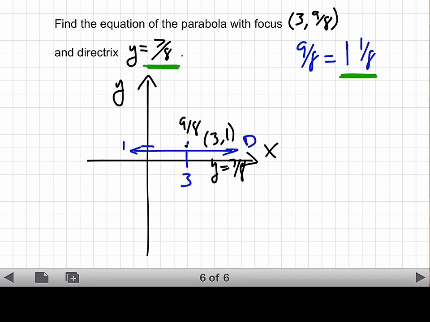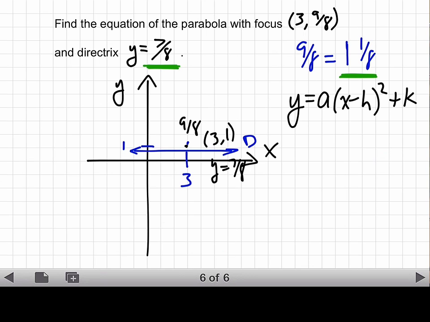Recalling the equations we saw earlier for parabolas, one of them was y equals a times the quantity x minus h squared plus k. I'm choosing this one because clearly the vertex isn't at the origin, so we have to have this h and k.